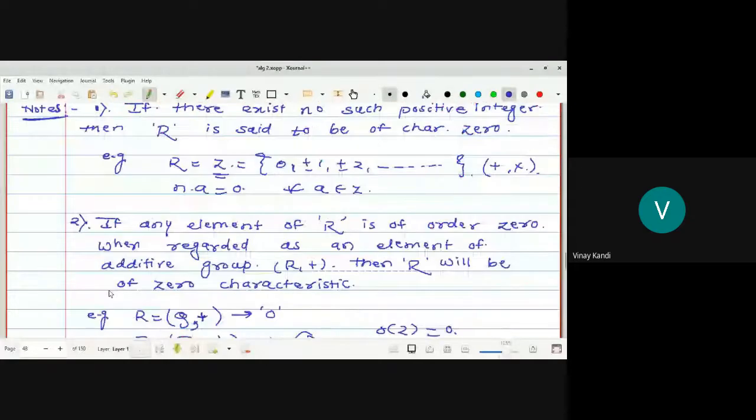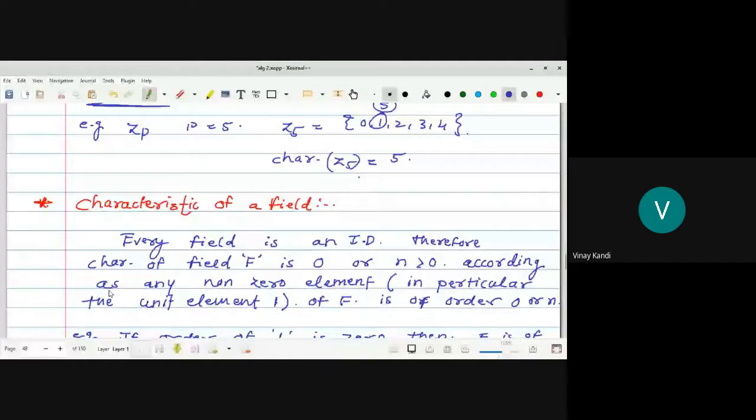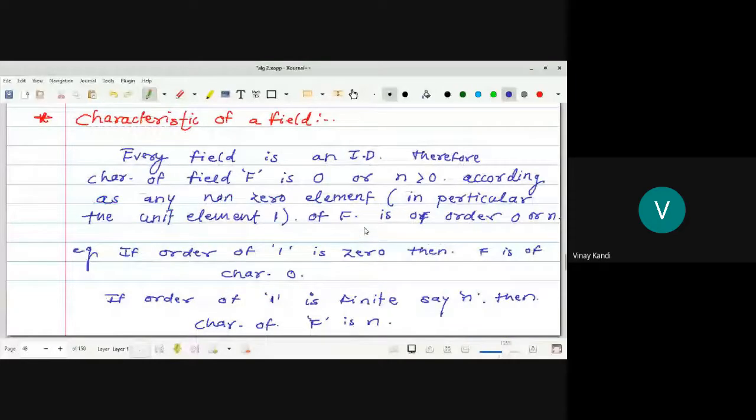And we also saw the definition of the characteristic of a field. Every field is an integral domain, therefore the characteristic of F is 0 or p according as any non-zero element of F is of order 0 or p. If you have to find the characteristic of the field, find the characteristic of the unity element of that field. If the field is finite, then the characteristic of the field is also finite.